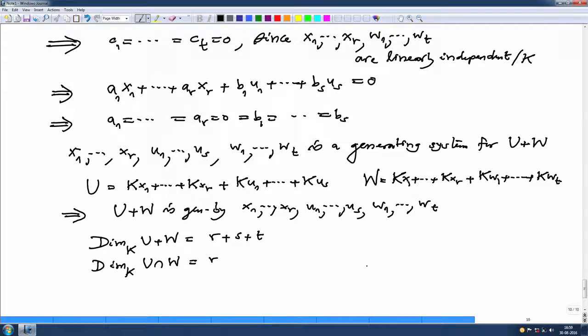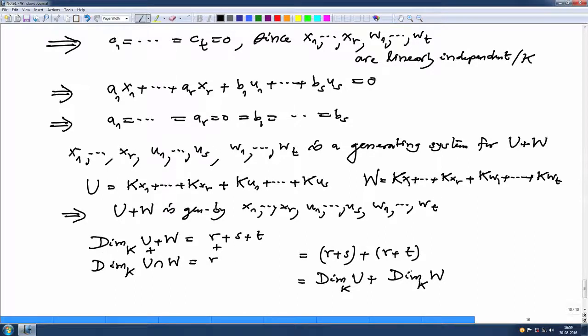And what do we want to prove? We wanted to prove that the sum of their dimensions equals... So, the sum is therefore r plus s plus r plus t, but dimension of u is r plus s and dimension of w is r plus t, because u has a basis x1 to xr, u1 to us, and w has a basis x1 to xr, w1 to wt.